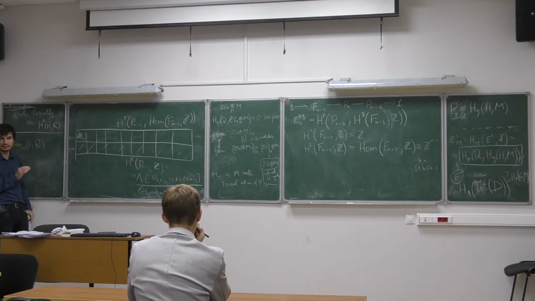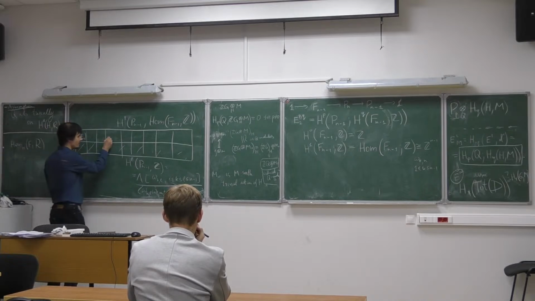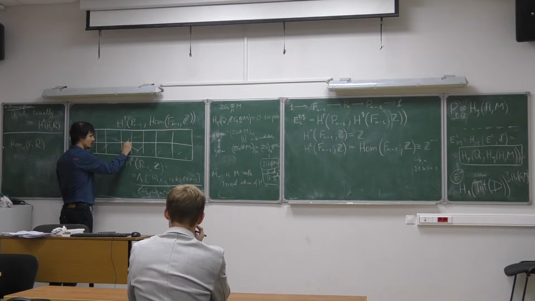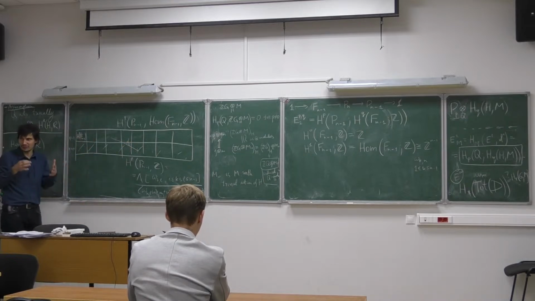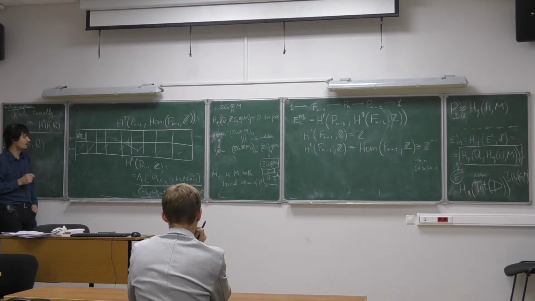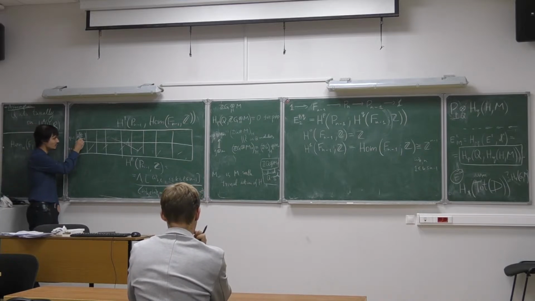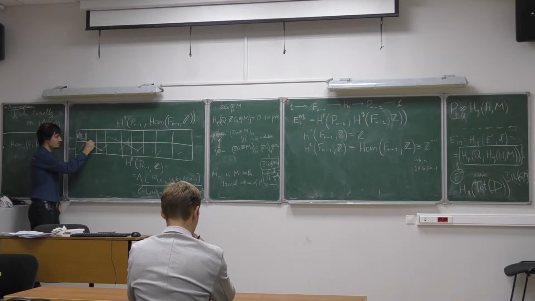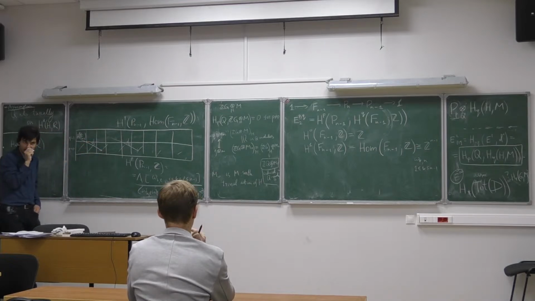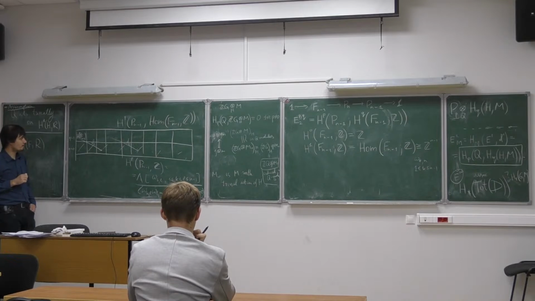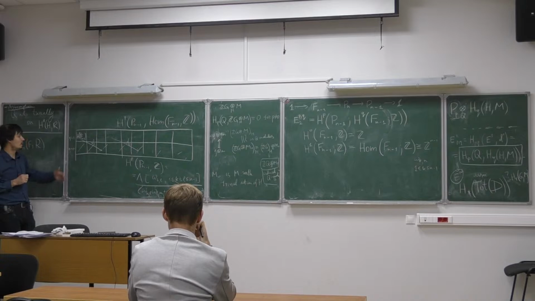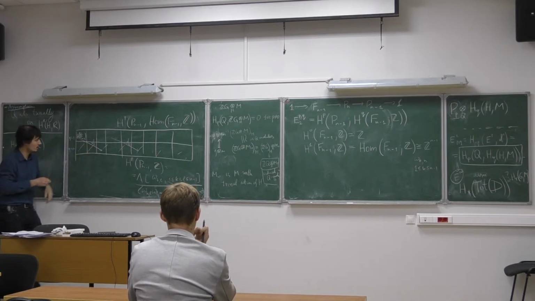There could be one differential. There could be differential d2. So a priori we do not know anything about it, but I claim that we know something about this particular differential. Well, why? Because I claim that this one is 0.